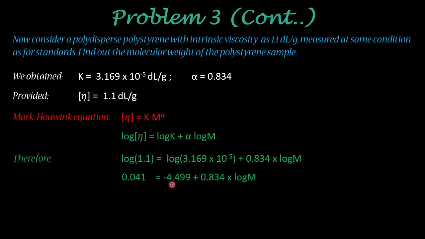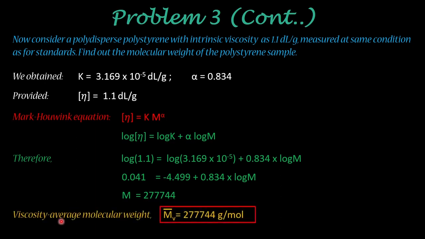Then from this expression, we get minus 4.499 plus 0.834 times log M. So if we calculate the M value, we will get M equal 277,744. So our viscosity average molecular weight, Mv bar, equals 277,744 gram per mole. So this problem shows how to find out the viscosity average molecular weight utilizing the Mark-Houwink equation. That's all for today.